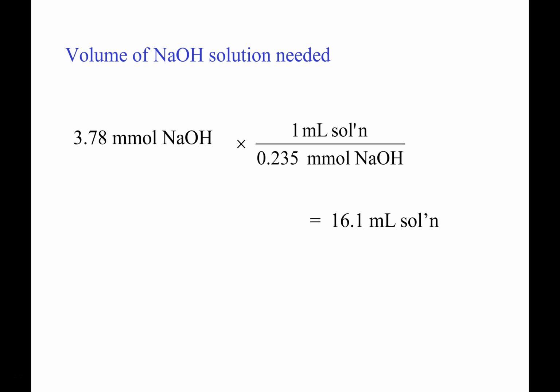So just to make sure we're all on the same page, it's possible that you might need to identify the equivalence volume so you know where you're at in the titration. So with this example of a weak acid being titrated with a strong base, if I'm before 16.1 milliliters of solution, I'm talking buffered solution, Henderson-Hasselbalch equation.